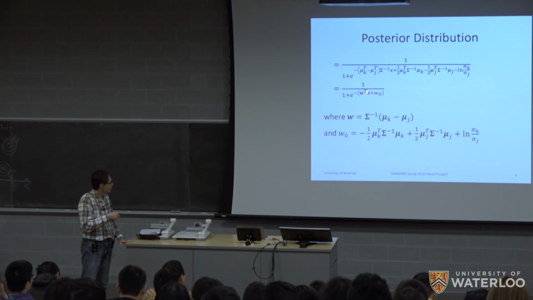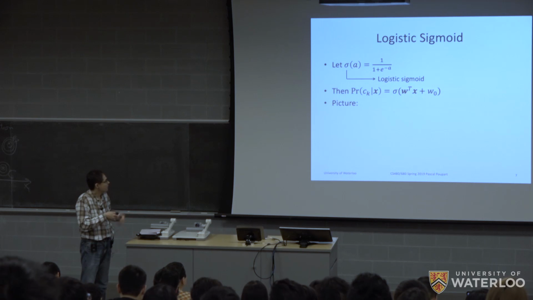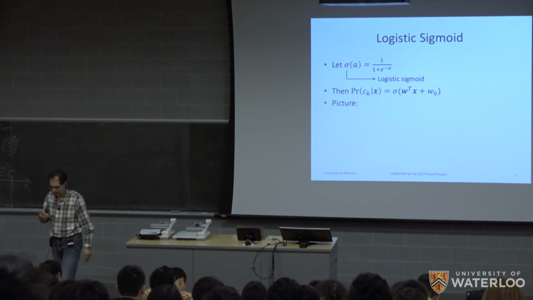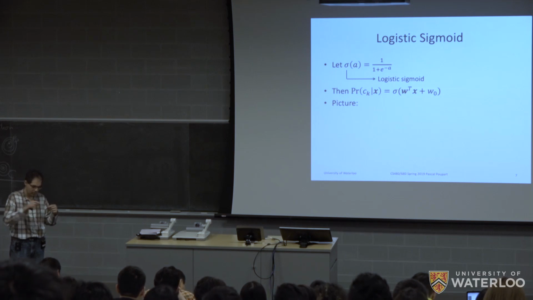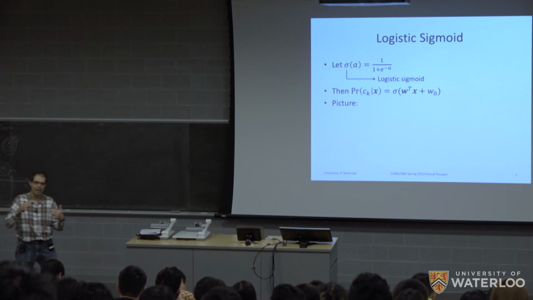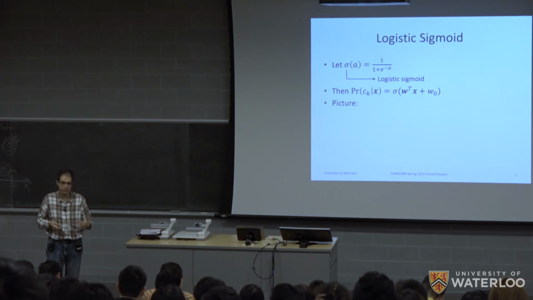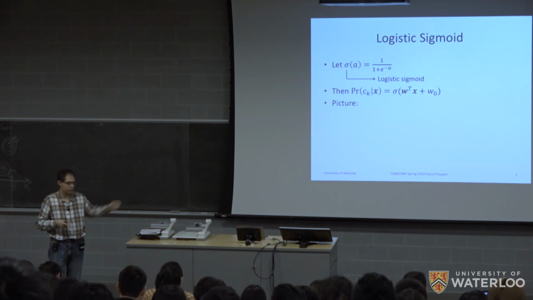So here we've got a linear expression in x, but more generally, the logistic sigmoid gives us this expression. Okay, and this function is interesting. We're going to draw it, and then you'll understand why, in neural networks, people often use this function, even though it might not be related to mixtures of Gaussians.